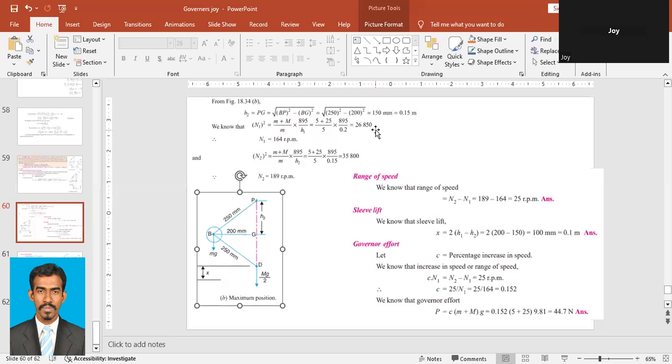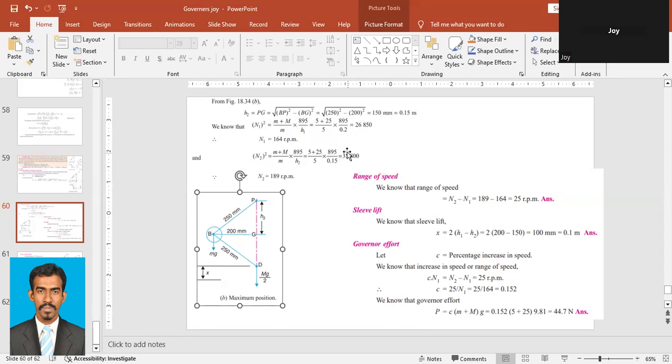Similarly, we will apply the equation for N2 to find the maximum speed. N2 squared is equal to (m plus M) by m into 895 by H2. We replace the values here: small m, the mass of the small ball, is 5 kg, capital M, that is the sleeve, is 25 kilogram, mass again 5 kilogram, into 895, and H2 we have found as 0.15.